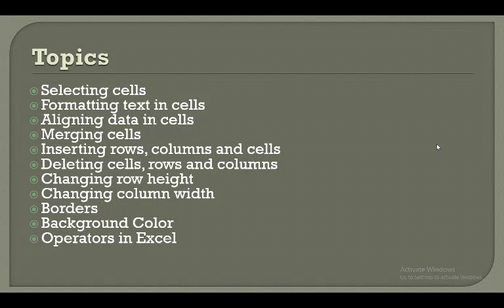Formatting includes changing the appearance of the text, applying, inserting, deleting or adding cells and data, applying borders, then background colors. So all these changes in the appearance of the document are called formatting. We'll see one by one in detail.